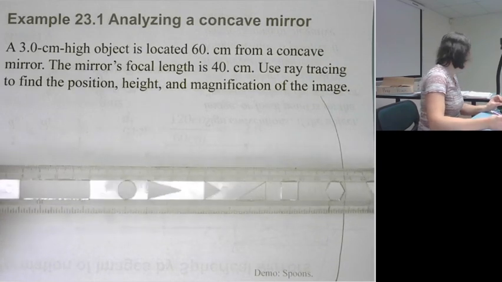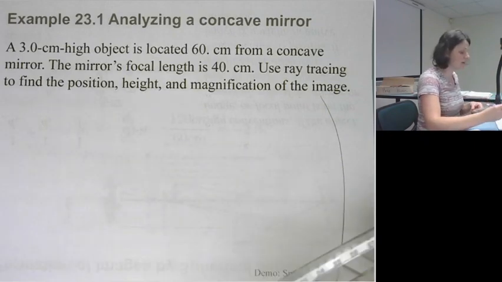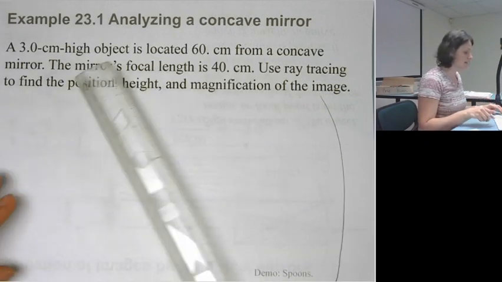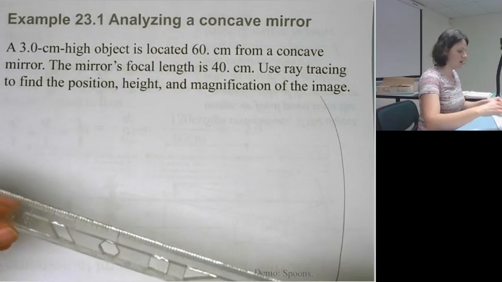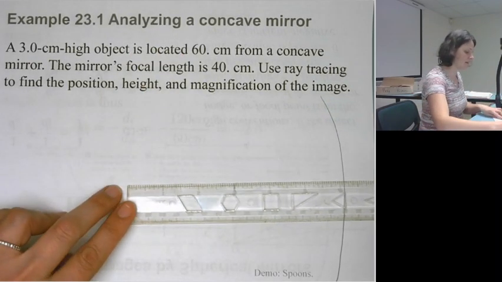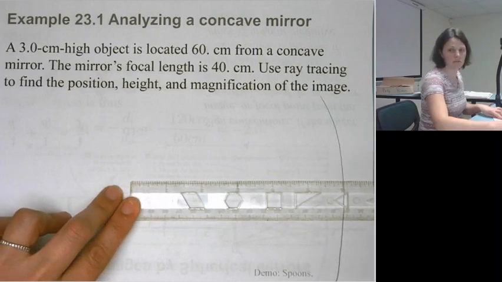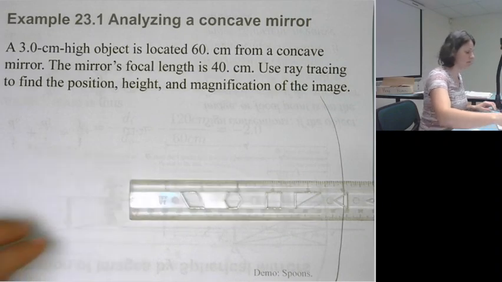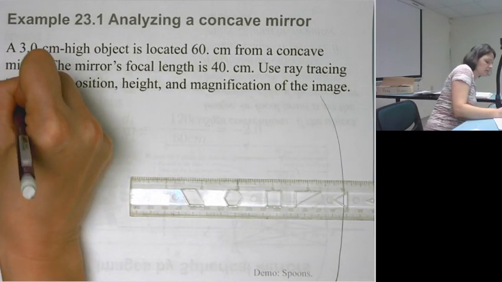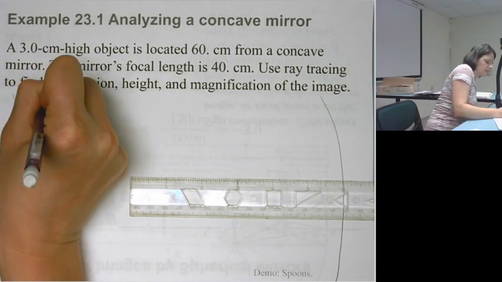But I can say, well, I need to resolve an object 60 centimeters away. So what if I made every inch be 10 centimeters? So my scale is that 1 inch equals 10 centimeters.